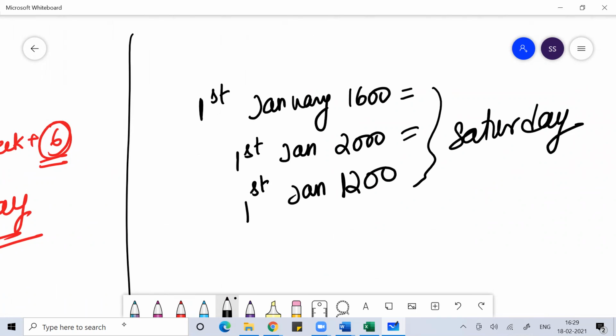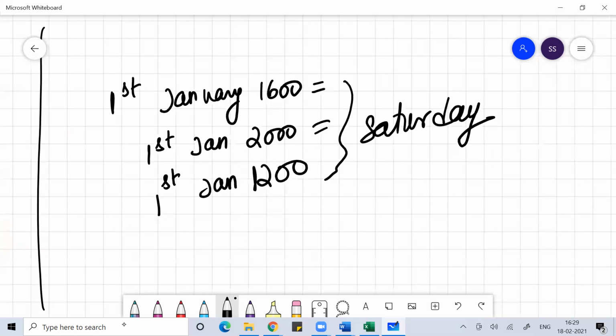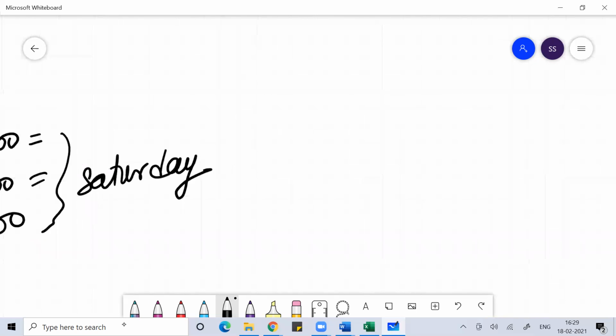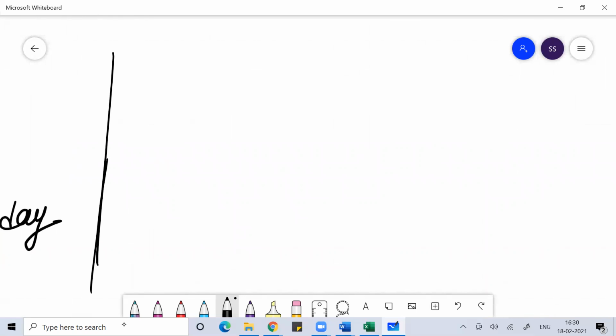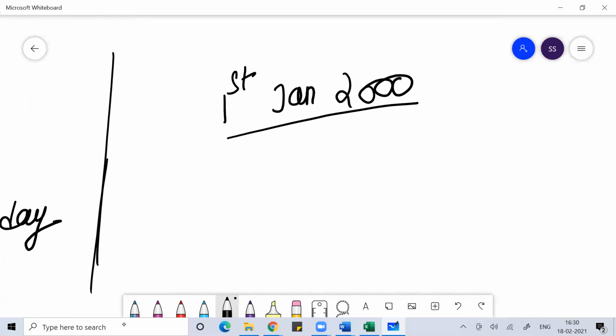So the shortcut method will not be able to give you the correct answer in this kind of situation. If you want the logical approach, 1st January 2000, the answer should be Saturday.